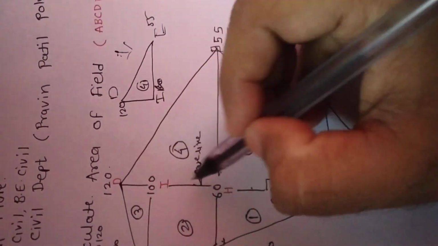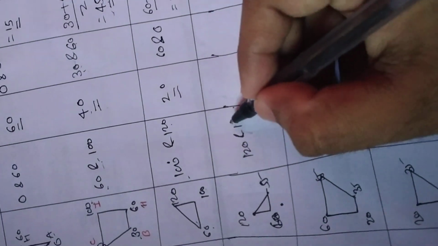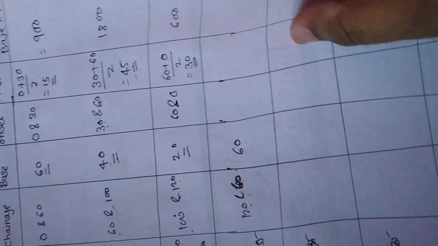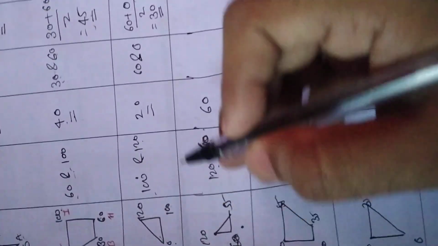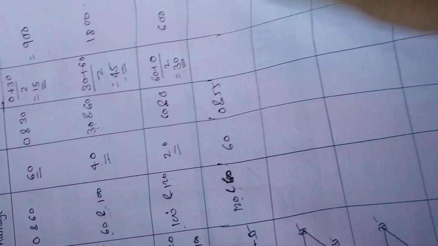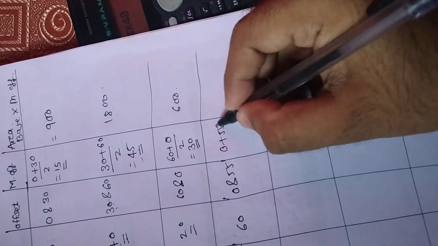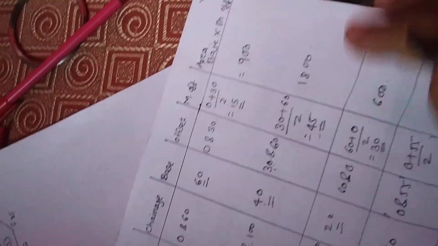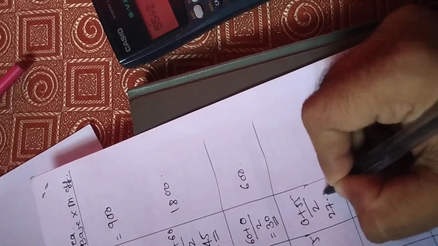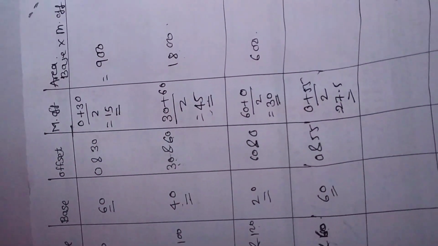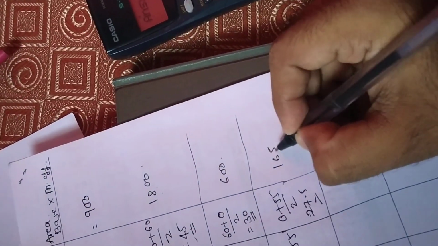Here 120, here 120, here 60, here 60, and here 55. By mistake I wrote 60 twice, it is just 60. The base is 120 minus 60, which is equal to 60. Near 120 there is no offset on the right side, hence I am writing 0. At 60 the offset is 55. So the mean offset is 0 plus 55 divided by 2, which is 27.5. The total area is 27.5 times 60, which is equal to 1650.